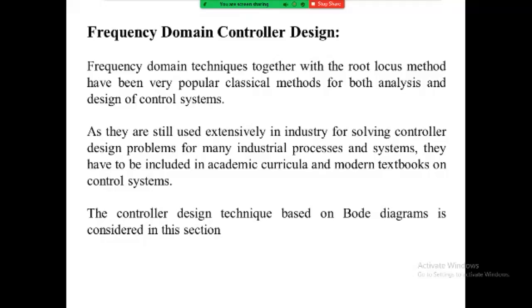It is also possible in some cases to improve the transient response, since the damping ratio is proportional to the phase margin and the response rise time is inversely proportional to the system bandwidth.